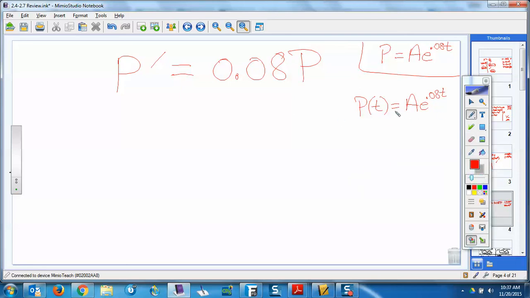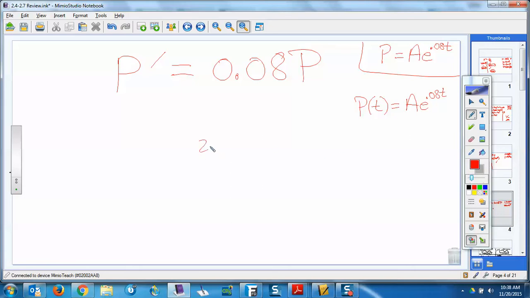So what do they say in that problem? They said you put in 2,000 initially. So what does that mean? That's your A. Now, I would say you want to be a little careful on that, some people just say, oh, the initial is always A. Well, yeah, but let's understand why. P is the principal. P is the amount in the bank.